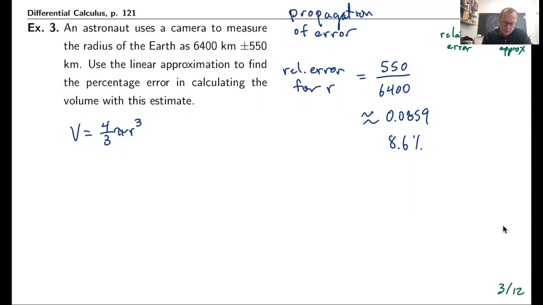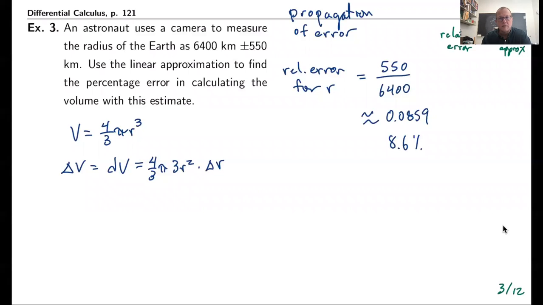So what we're going to think about here is getting our change in V by doing that dV idea. And so we'll have to take the derivative of our formula. So when we do that, the 4/3 pi r cubed, the derivative of the r cubed will be 3r squared. And then after that, we will put the delta r.